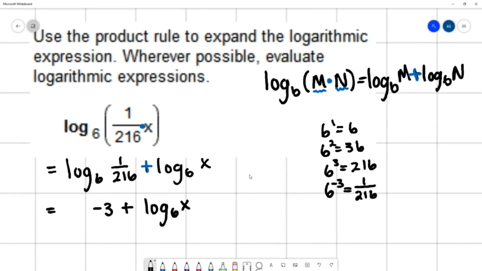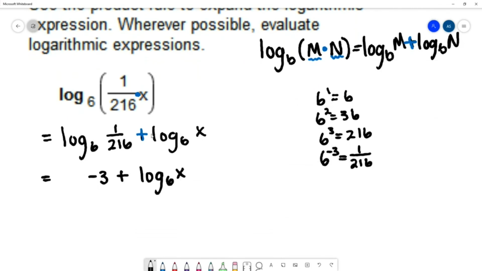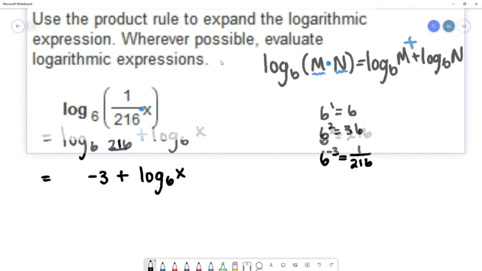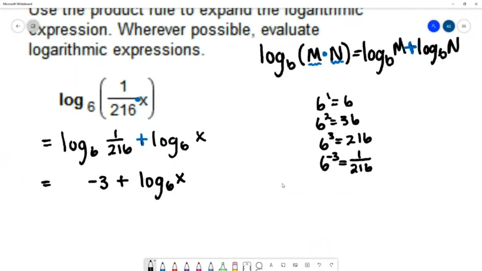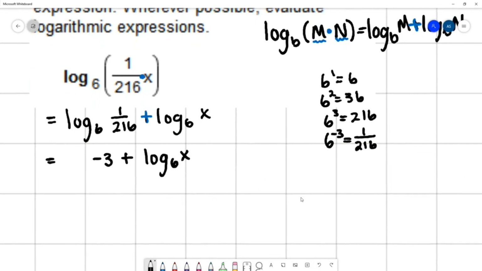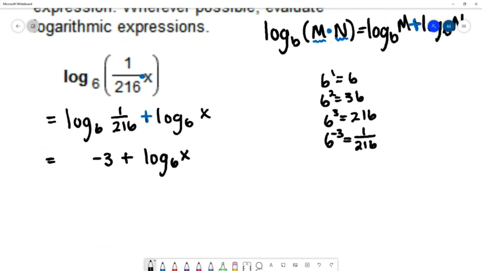I want to continue with this example for a second because this is not the only way you can do this problem. These directions specifically ask to use the product rule. But if we also use the quotient rule here, we can take log base 6 of 1 over 216x and expand it using the product rule and the quotient rule.